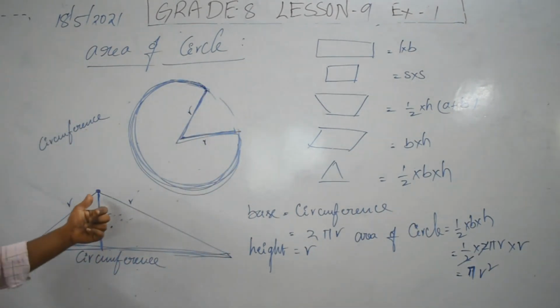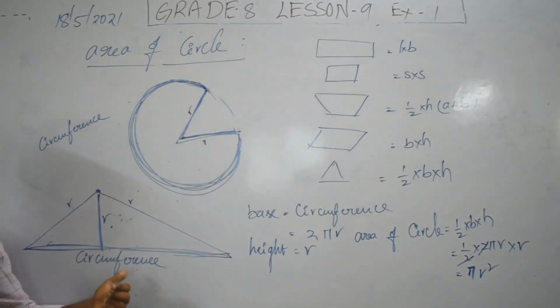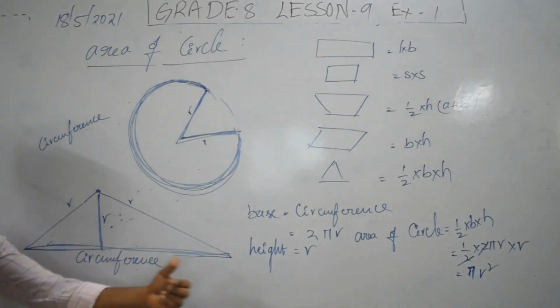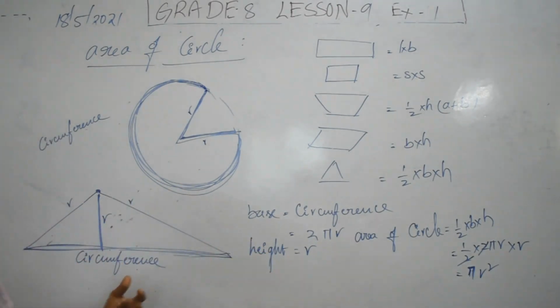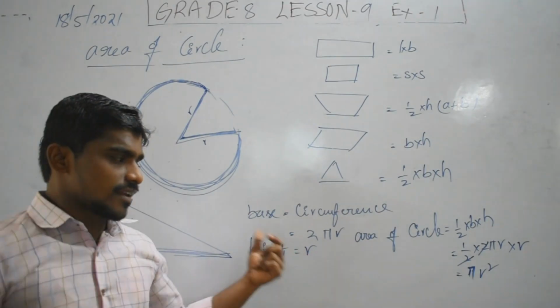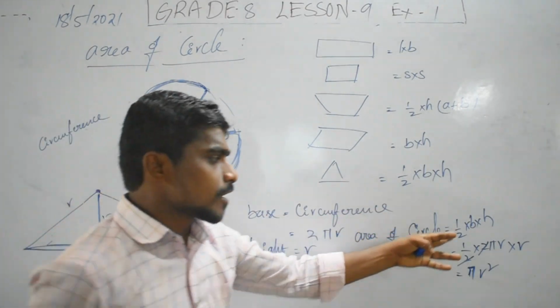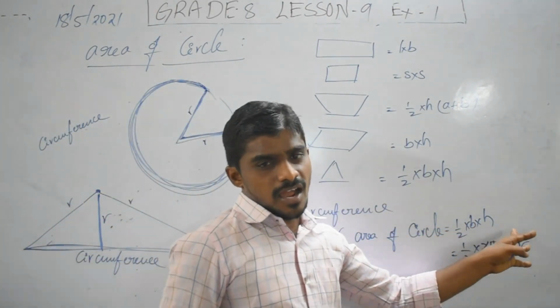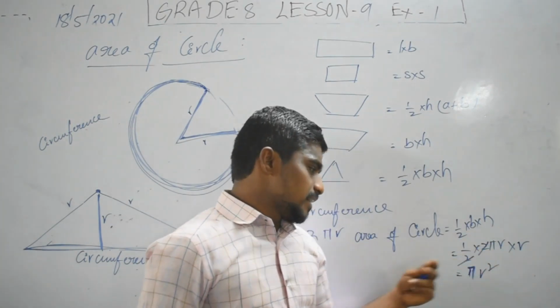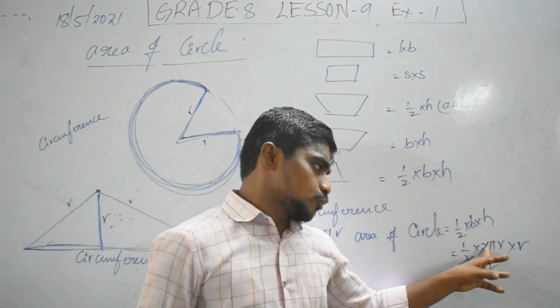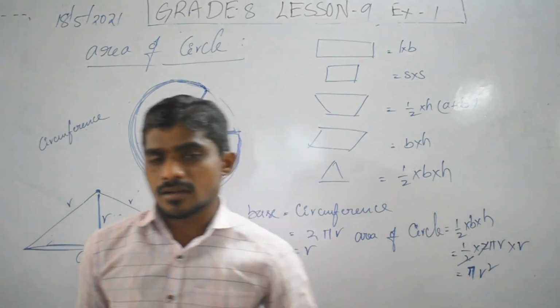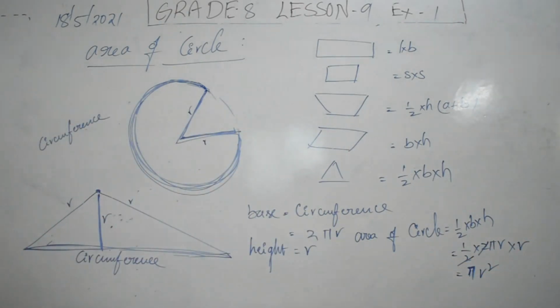So height is radius, base is circumference. Height r, circumference 2 pi r. So area of the circle, like area of the triangle, is half into base into height. Half, base means 2 pi r, height means r. The 2 cancels, pi r square. Area of the circle is pi r square, right?